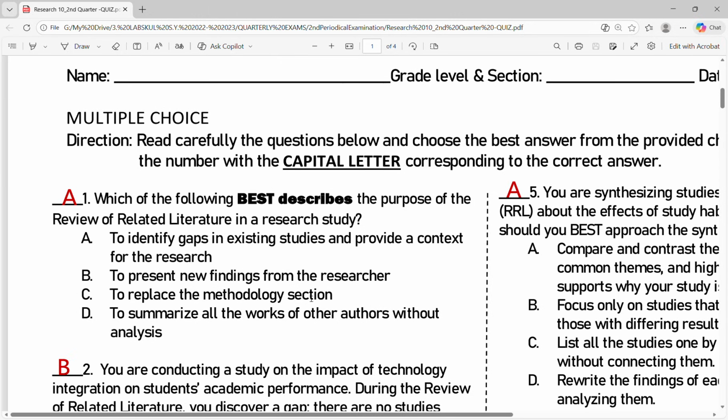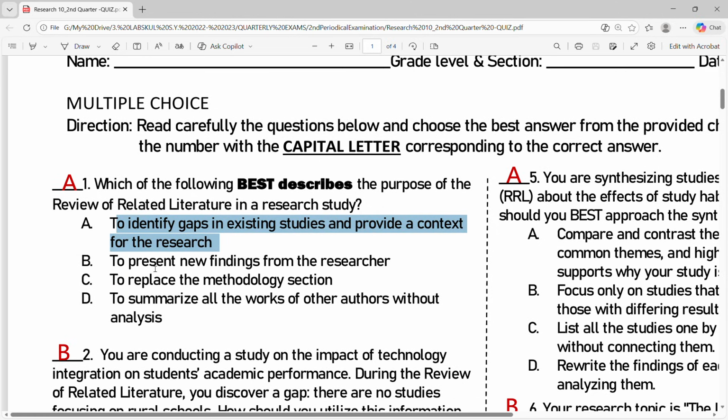It's written in your chapter 1 as well as in your chapter 2. Aside from that, it also provides a context for research. They need to know what your variables are, what you really wanted to study for your chosen topic. So the answer in number one is letter A.